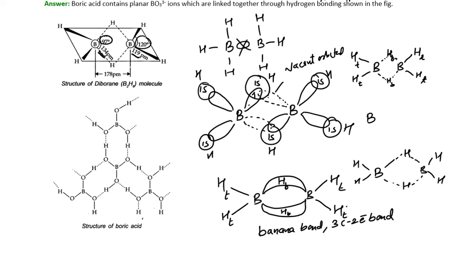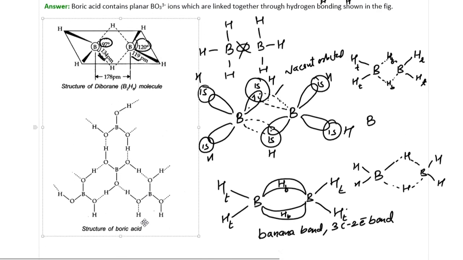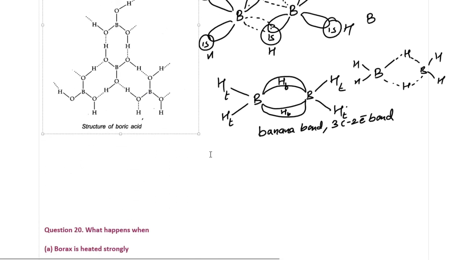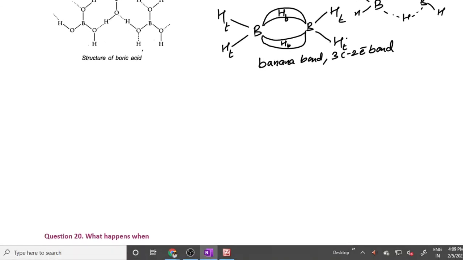Now boric acid. In boric acid there are BO3 2 negative units, okay. So you can write it like this.